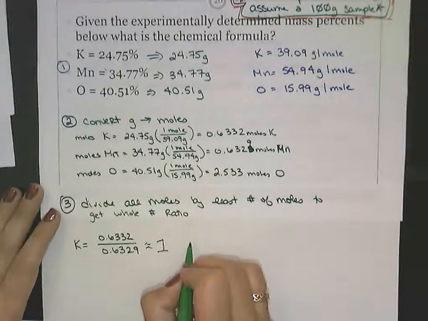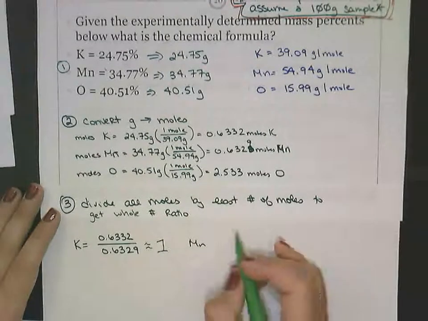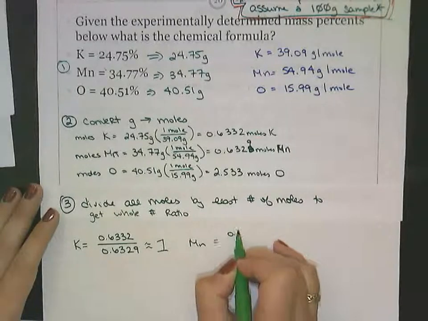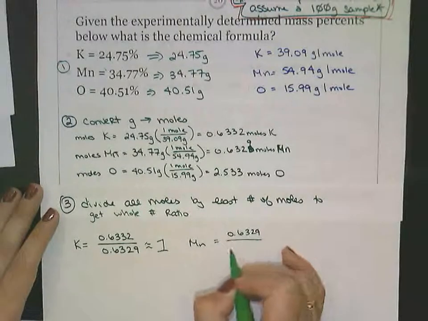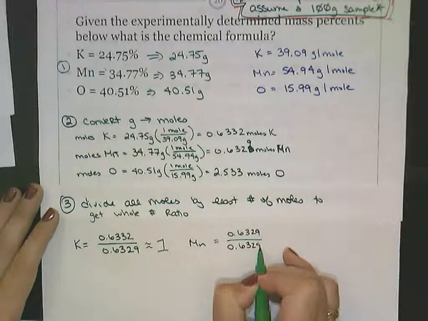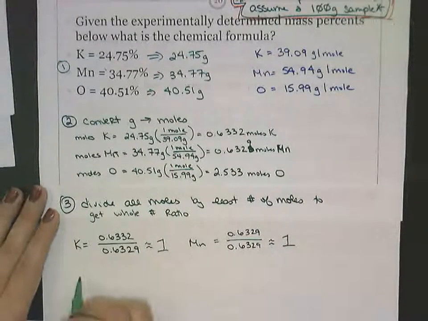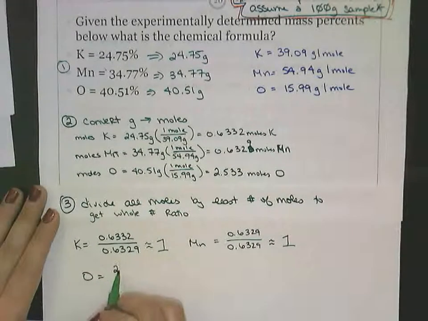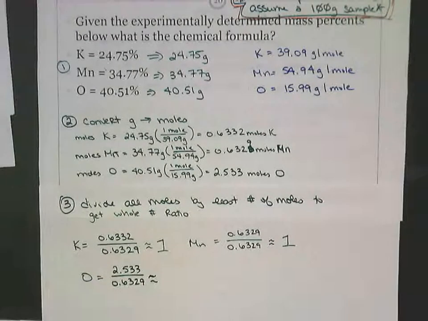And you could do the manganese for completeness, but it's not really necessary. What whole number does the oxygen come closest to? When I did the division, what was it?